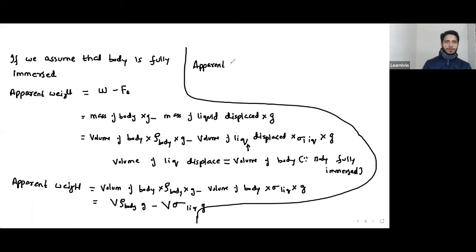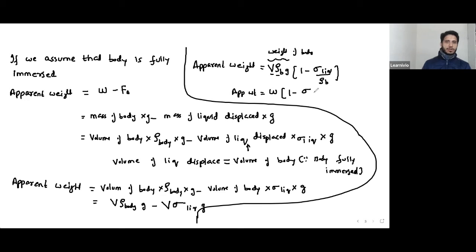I'm left with 1 minus density of liquid divided by the density of body. V into density of body is the mass of body, multiplied by G it's actually the weight of the body. So you can write that your apparent weight is weight of body into 1 minus density of liquid divided by the density of body. This is how you can calculate the apparent weight.